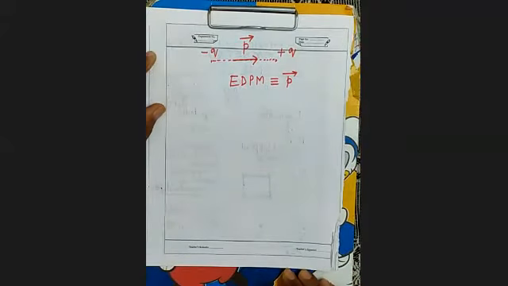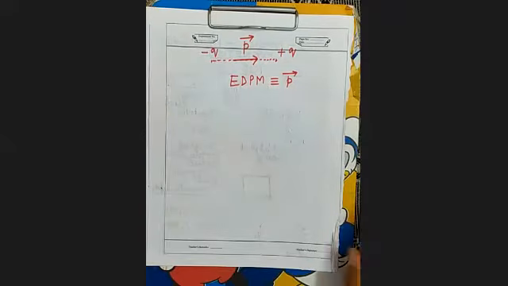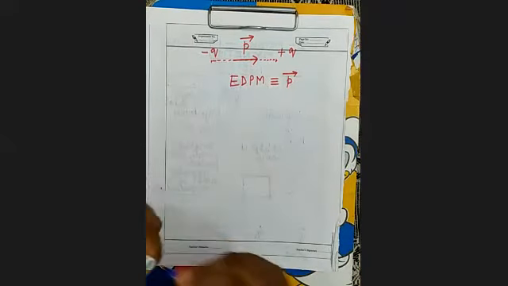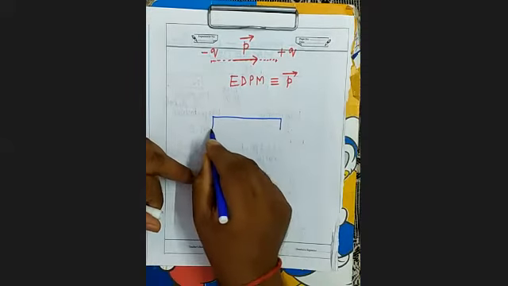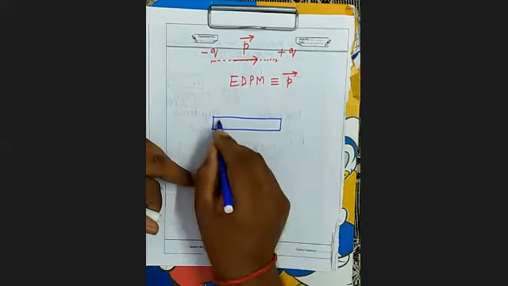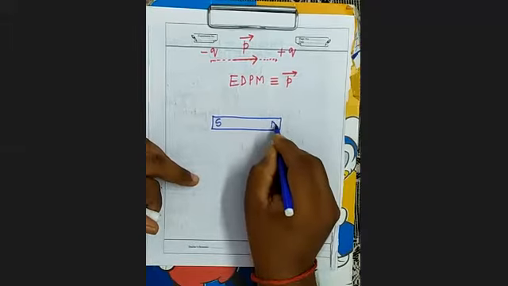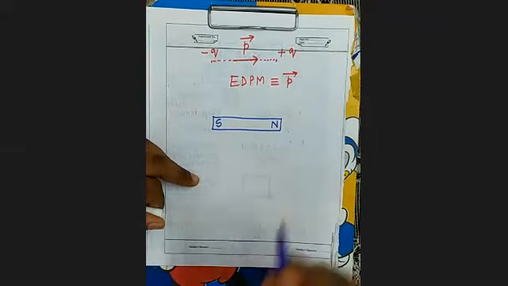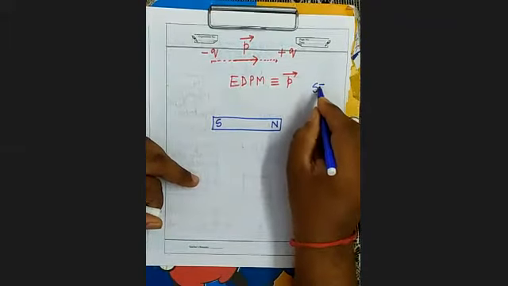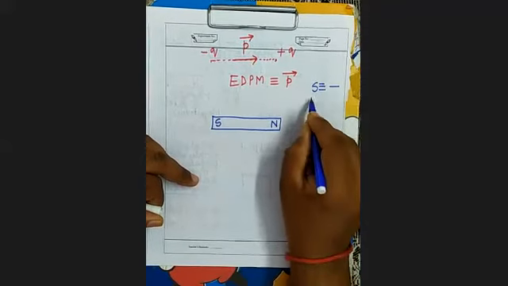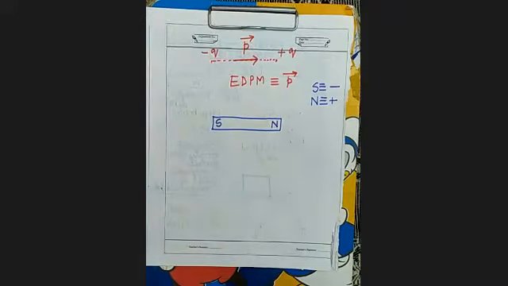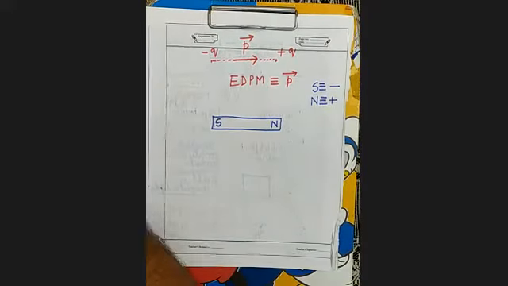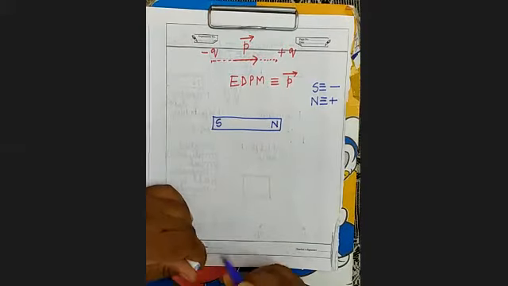It is clear? Now see here, the magnetic dipole is a magnet. Here it is the south pole and this is the north pole. Already I have explained that the south pole is equivalent to negative charge and the north pole is equivalent to positive charge.